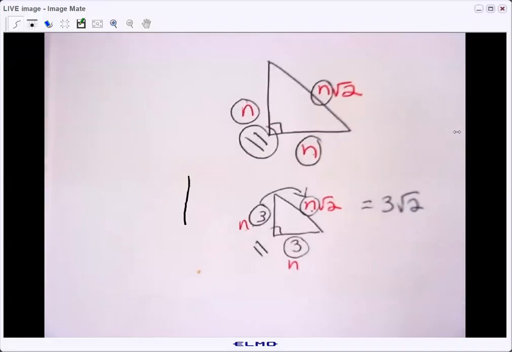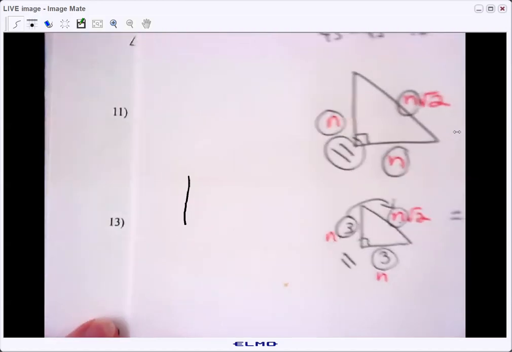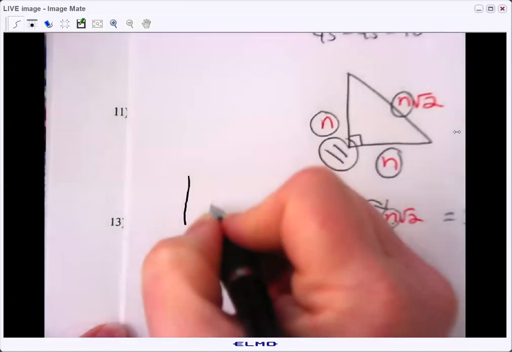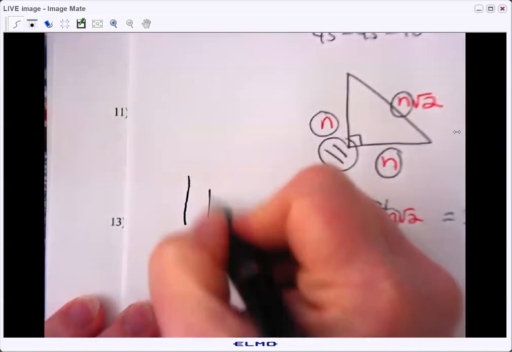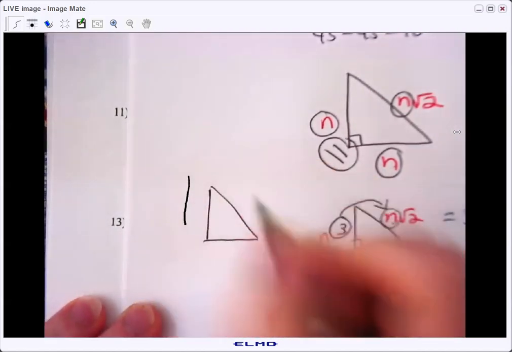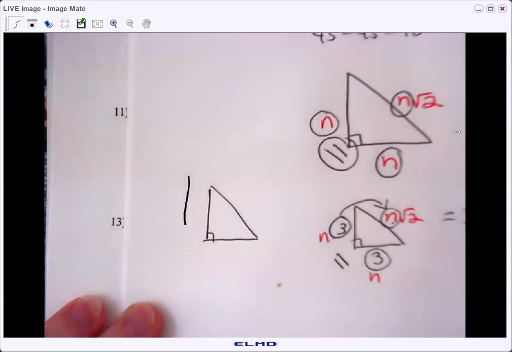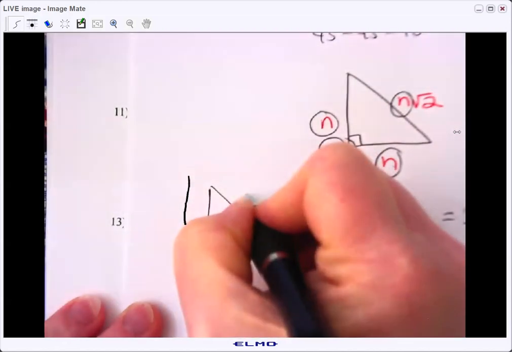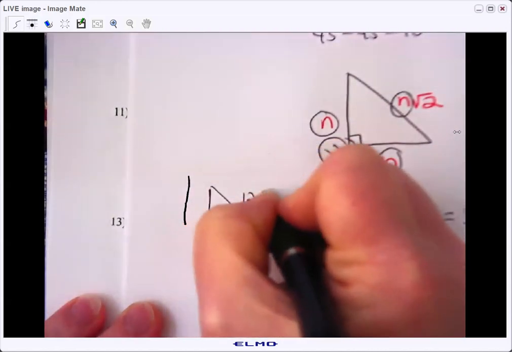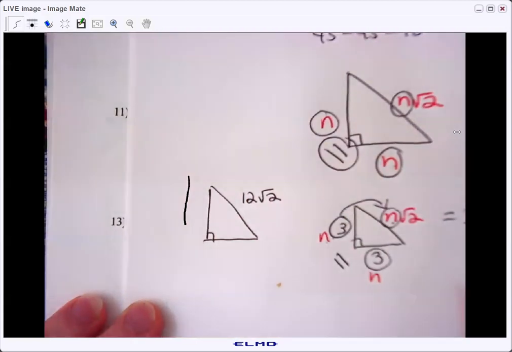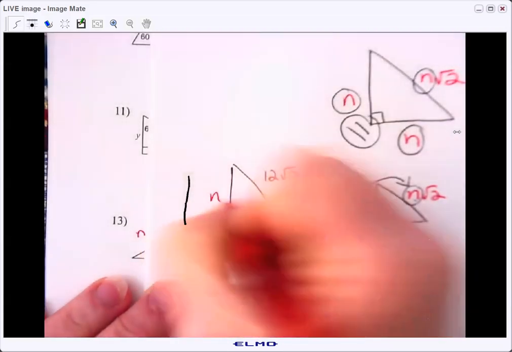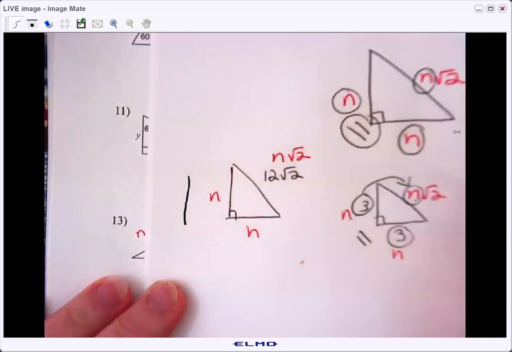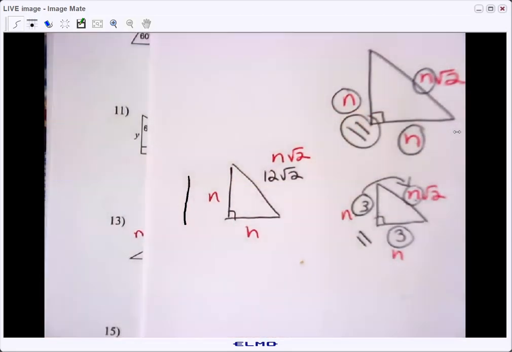So let's do this one. Move it over here. Let's call this one 12 root 2. So I'm going to label n, and n root 2. What did we say they all have in common?